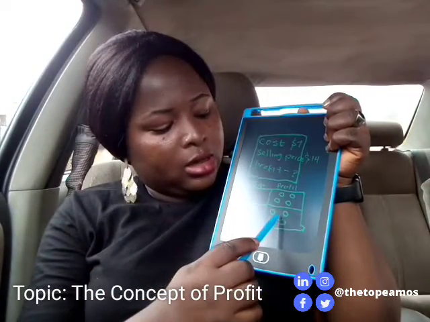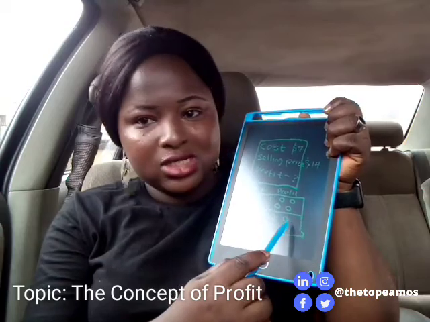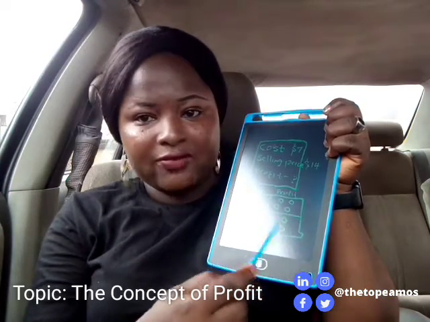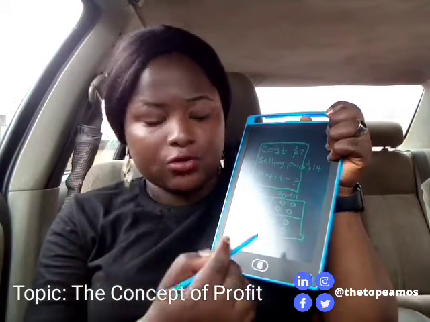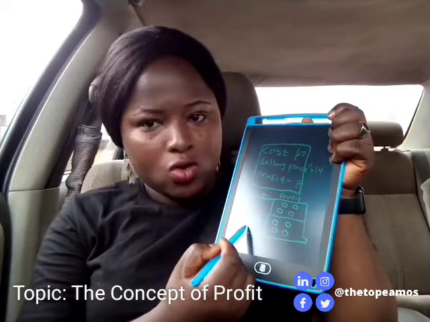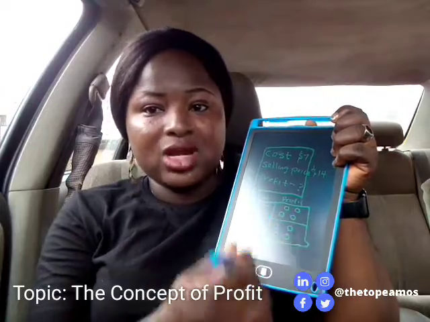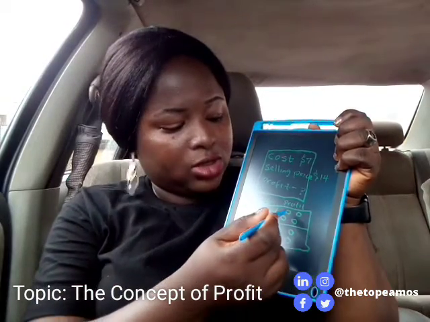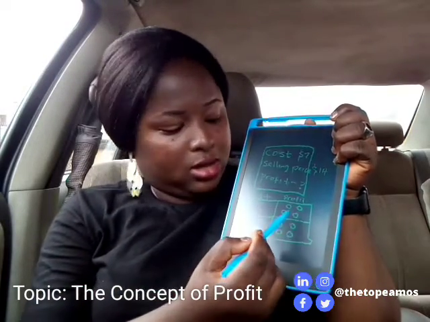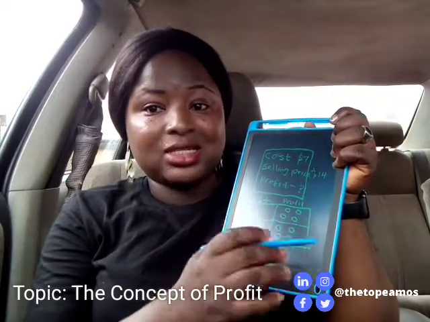By the time you have sold $40 worth of product, you have covered your cost. Now by the time you sell another round, that is another $40 up, that is $80.